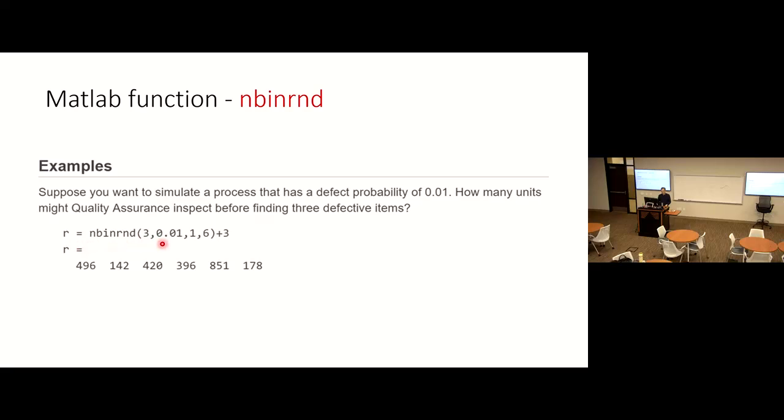So if you do this, you put 3 here, which means you found 3 defective products. If the rate is 0.01, you need to try a lot in order to get 3 defective ones, right? So this is what we will generate.